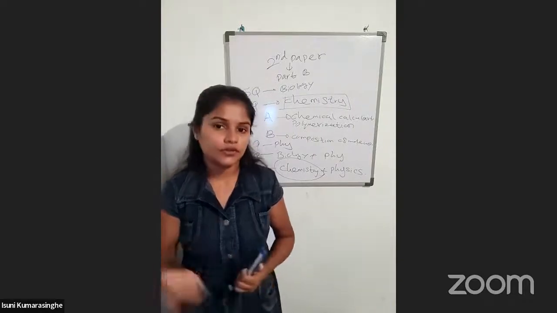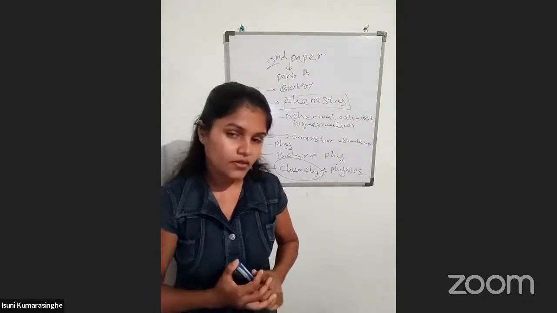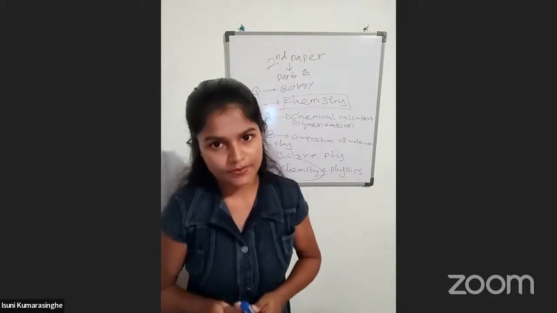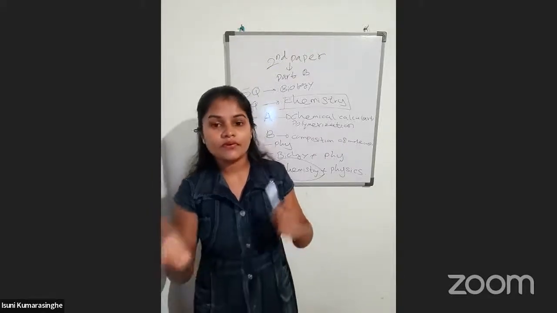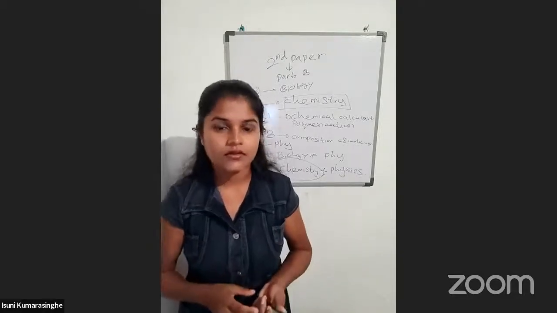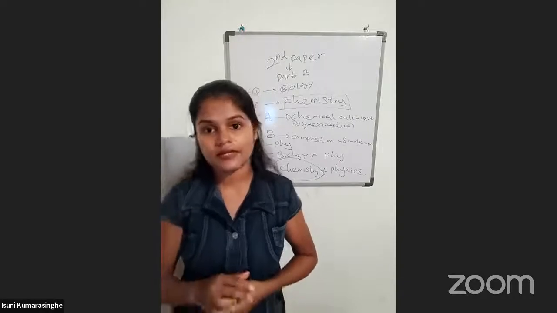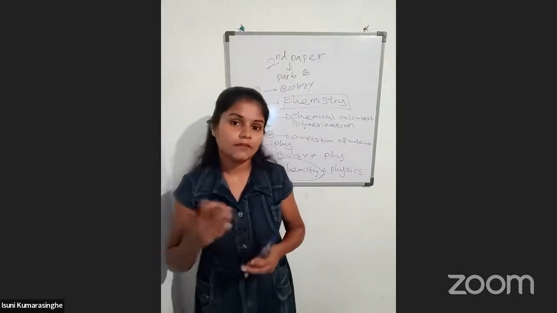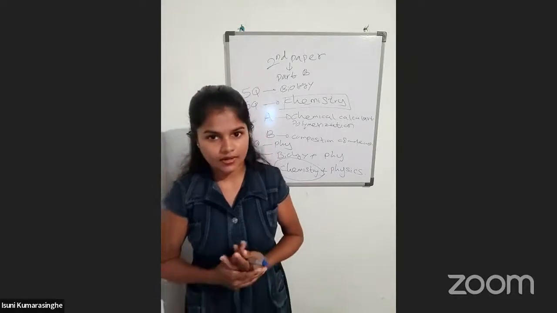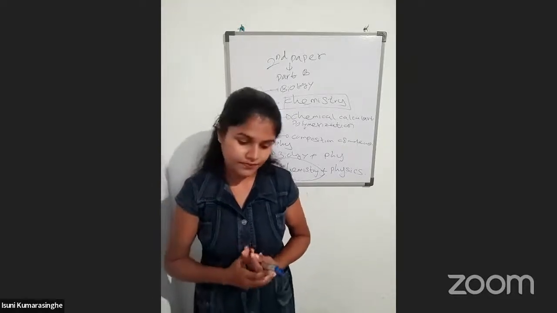And I want to tell you something. When you write the exam, you are given rough papers. Before you start writing the paper, in your rough paper, first draw the periodic table correctly. Apart from that, you have to write the activity series on your rough paper.